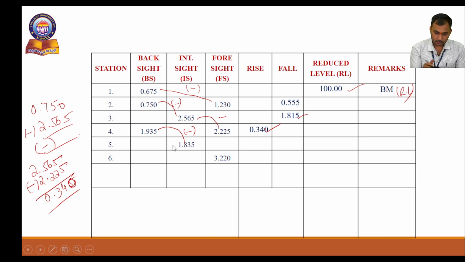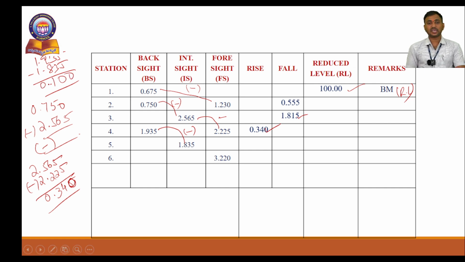Nothing but 1.935 minus 1.835. Nothing but 0.100. So we will get the positive plus 0.100. Definitely we will place it in the rise column. 0.100. Next.